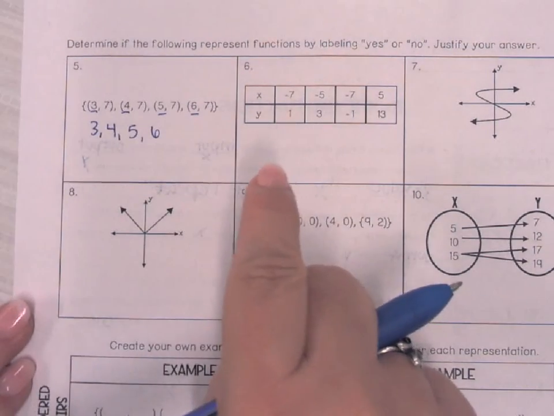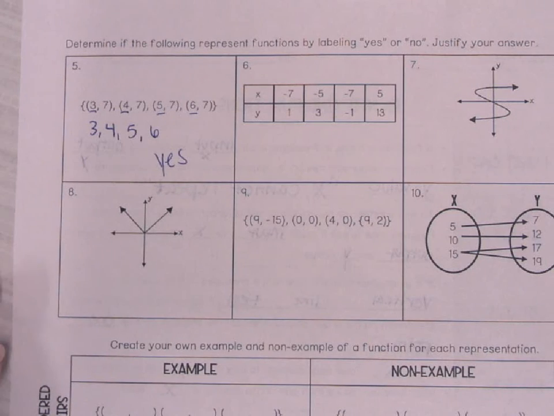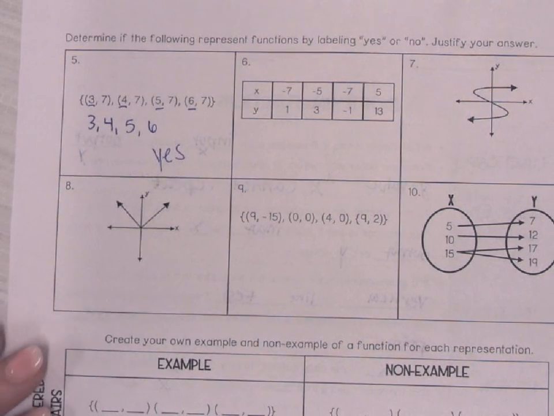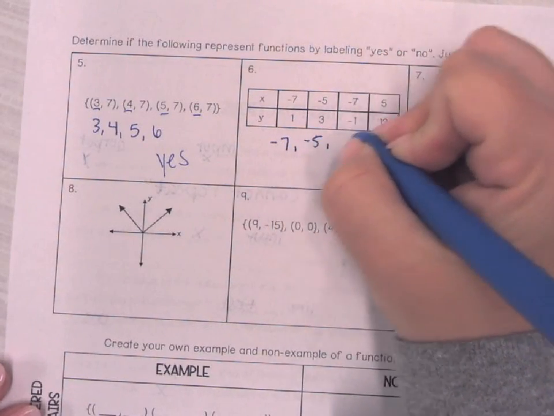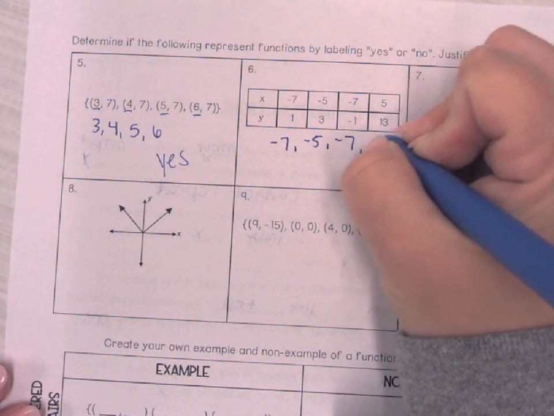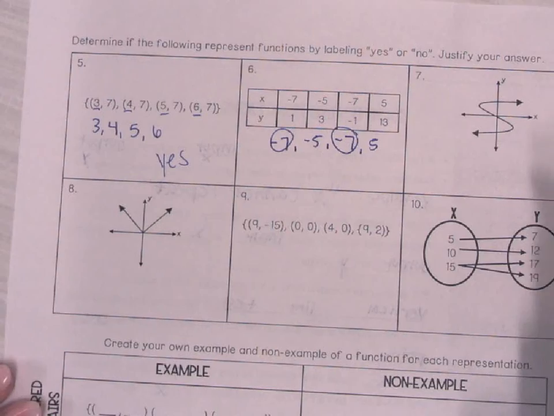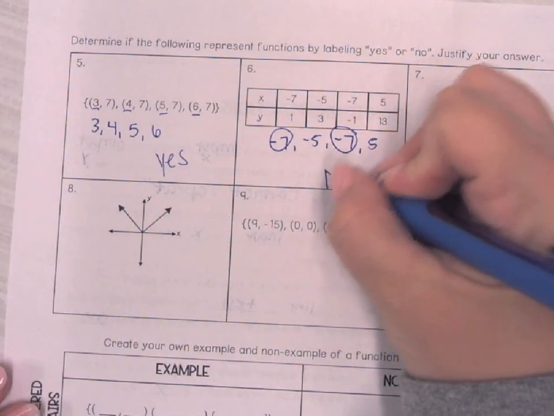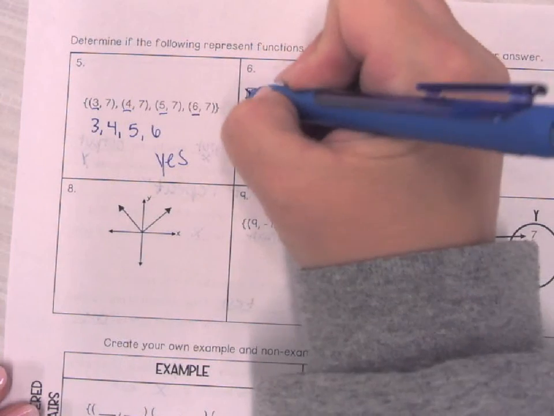They're all different numbers. So yes, this is a function. As long as they're all different, it's a function. Okay. Here I have -7, -5, -7, and 5. Oh, -7 repeats, right? There's 2 -7s, so no. Remember, we're just looking at x, just our x values.